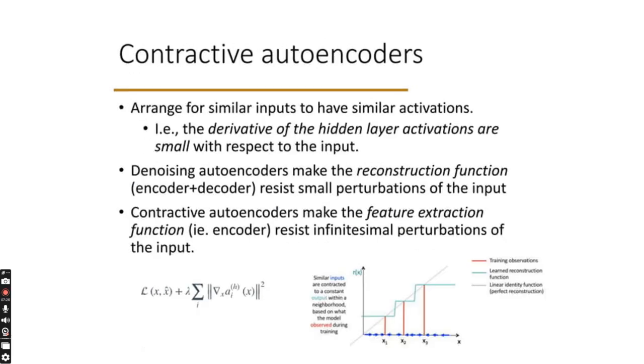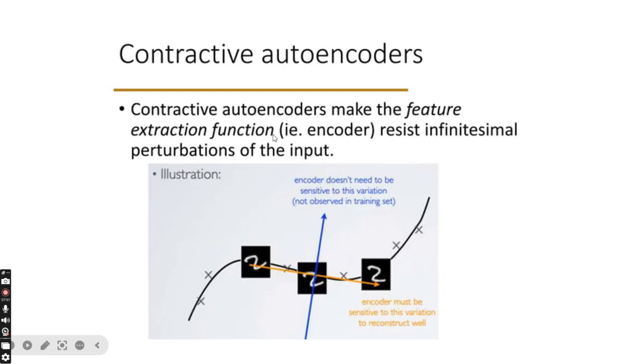Then the contractive autoencoder. It arranges for similar inputs to have similar activations. The denoising autoencoder makes the reconstruction function resist small perturbations of the input. The contractive autoencoder makes the feature extraction function resist small perturbations. So the contractive autoencoder is mainly used for the feature extraction function.